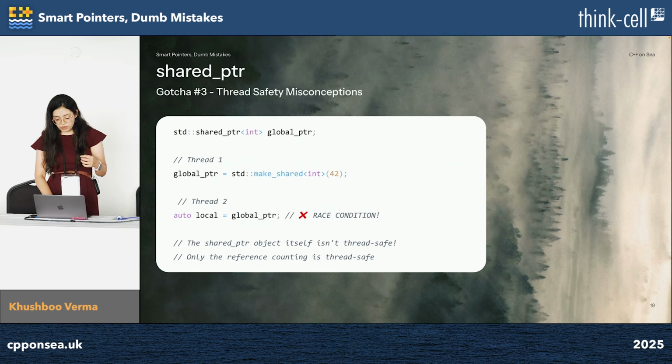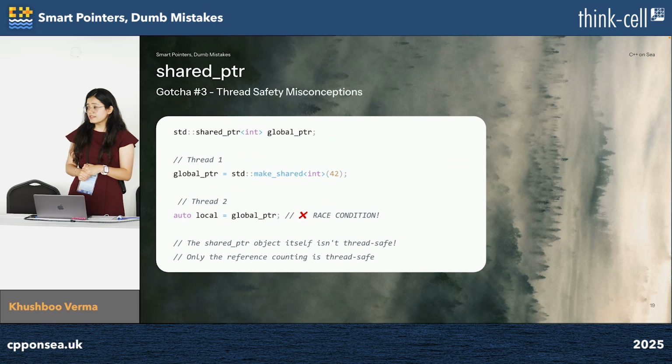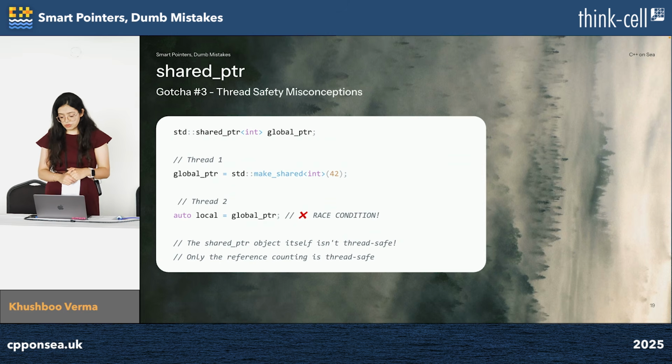Copying or assigning a shared pointer needs synchronization, and the object being pointed to needs its own thread safety. So whenever you're using shared pointers, please ensure that you take care of thread safety, so that multiple threads do not cause problems. Always try to use mutexes and locks to ensure that shared pointers are properly shared.